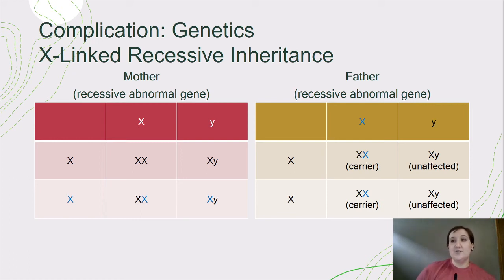So this includes things like color blindness, Duchenne's muscular dystrophy, which typically only affects males. There are other types of muscular dystrophy that are not X-linked recessive, or they're just a spontaneous mutation.